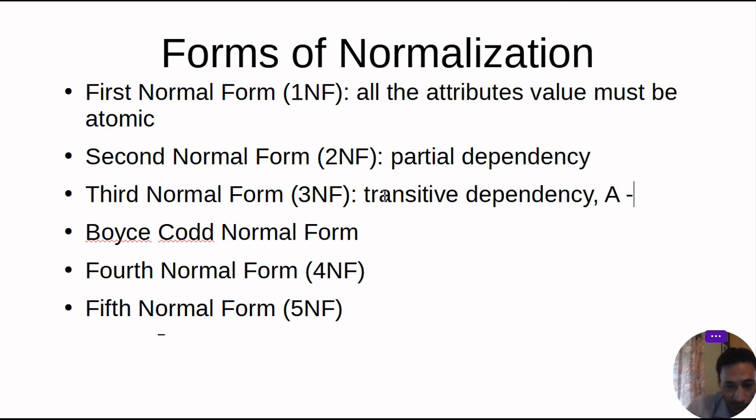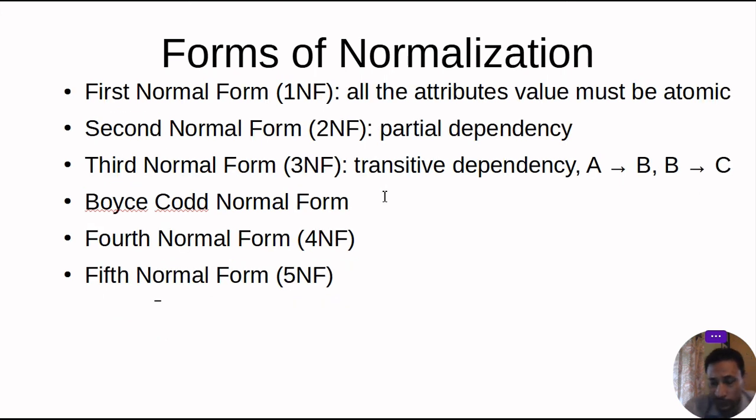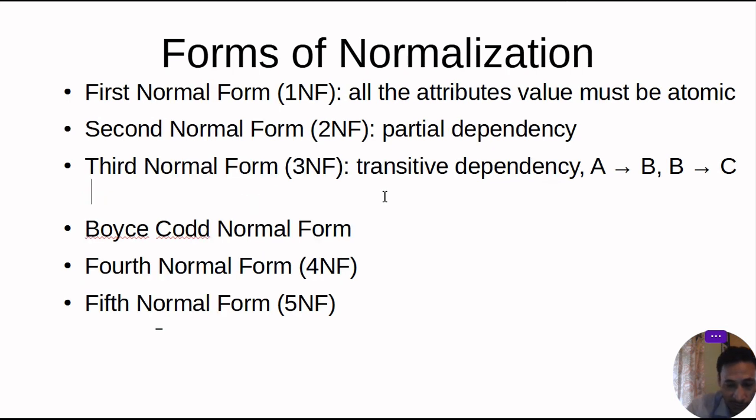Transitive: A implies B, B implies C. If you can find functional dependency like this, one attribute A that determines another attribute B, and that attribute B determines C, in that case what we can say is A determines C. That is the transitivity between the attributes. That kind of transitive dependency should not exist in the database table. That is the statement of third normal form.